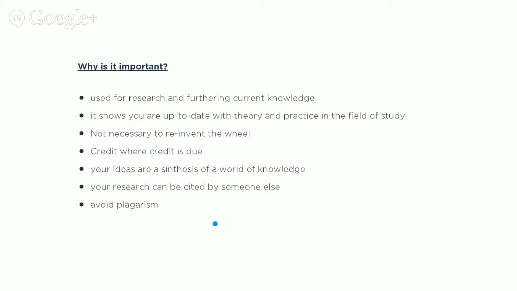This actually can happen. And finally, another reason why it is important to use citations is basically to avoid plagiarism. So remember that plagiarism is basically stealing or using other people's ideas and saying that they are your own, when in fact it is obviously not the case. This is a very serious thing to do.